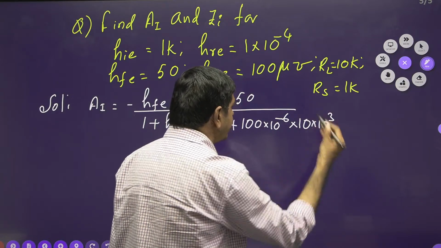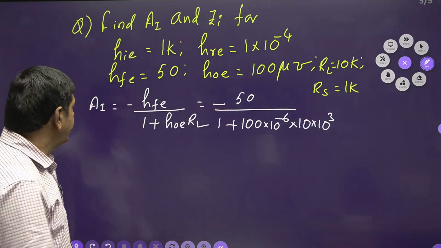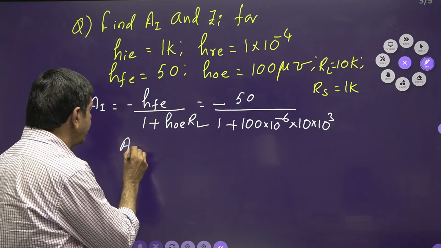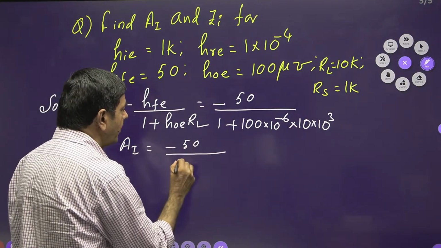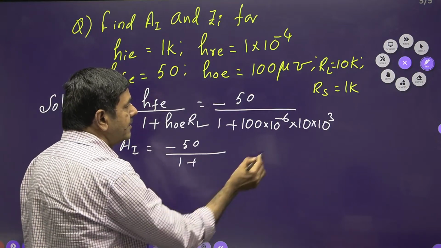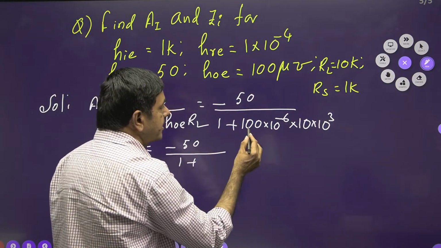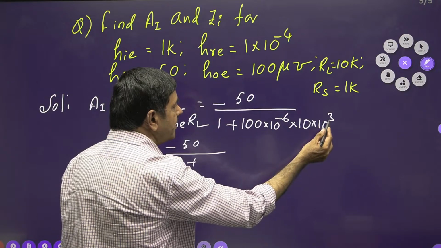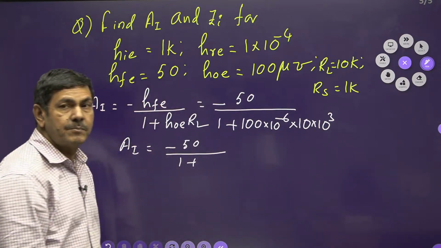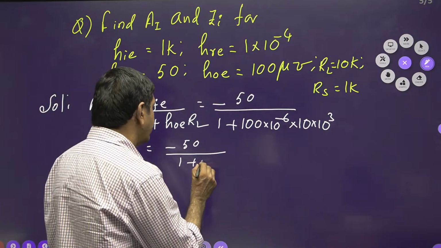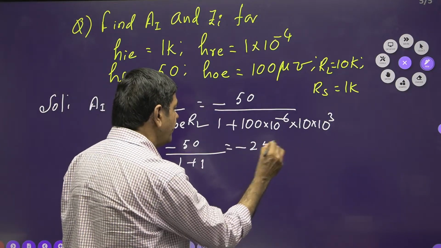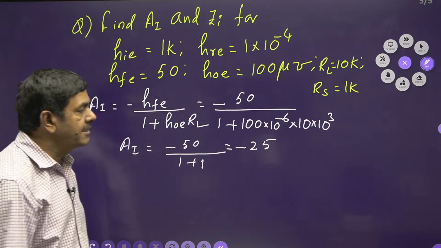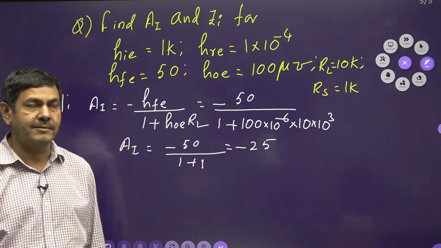You can simplify this. Current gain is minus 50 by 1 plus 10 power 3 into 10 power minus 6 cancel, finally we get 1. Minus 50 by 2 is minus 25. So the current gain is minus 25.